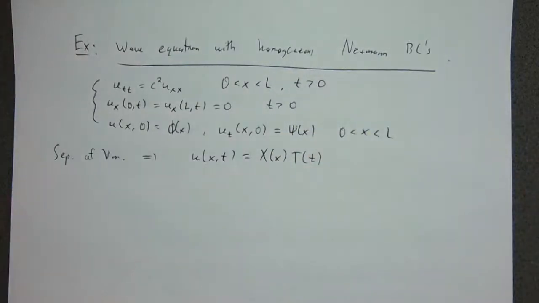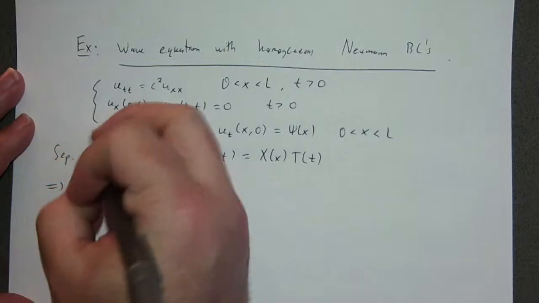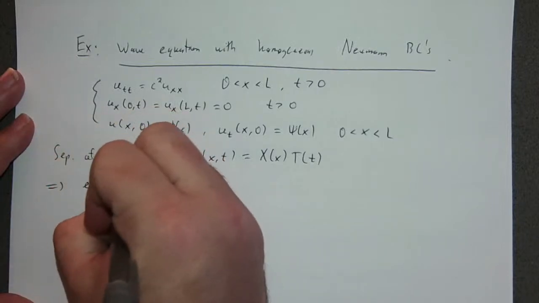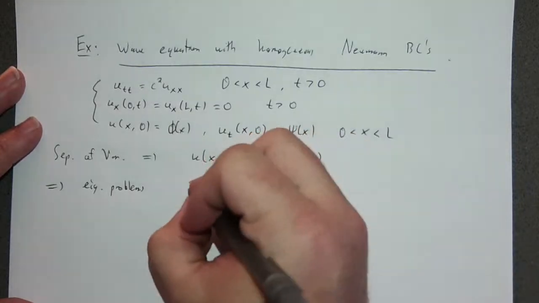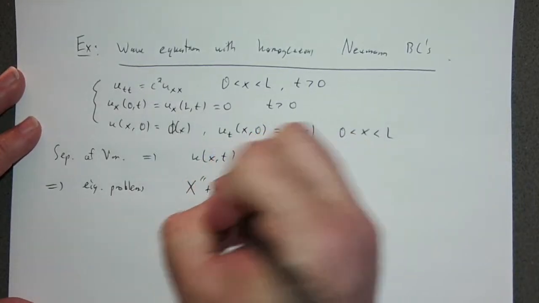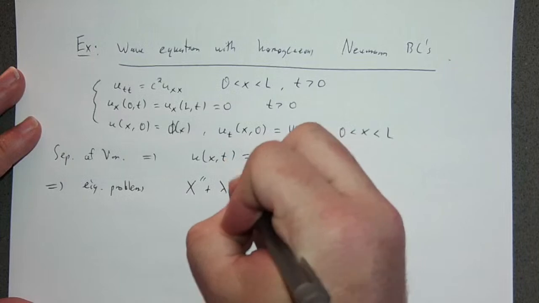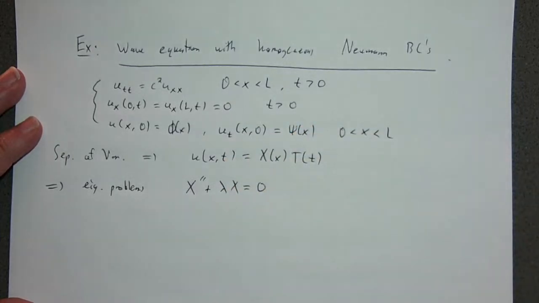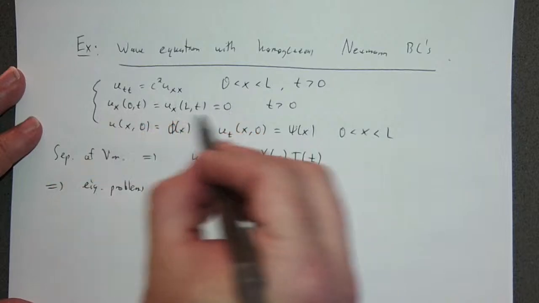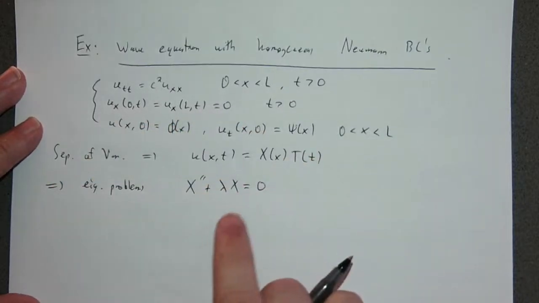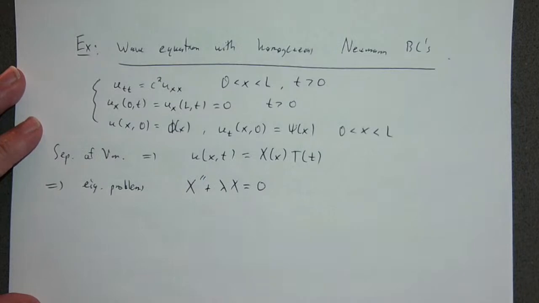What does this lead to? This leads to eigenvalue problems of the form: for x, the eigenvalue problem associated is X double prime plus lambda X is equal to 0. And the boundary conditions here, these Neumann boundary conditions, descend to Neumann boundary conditions for my eigenvalue problem.